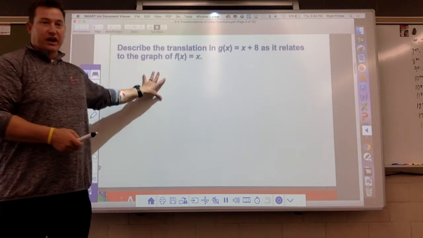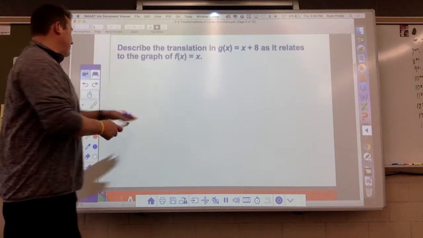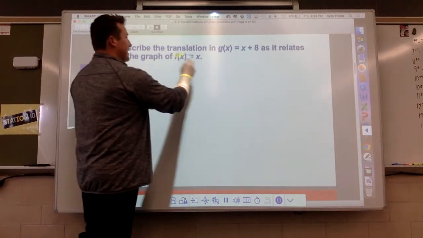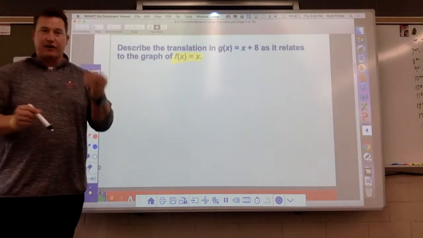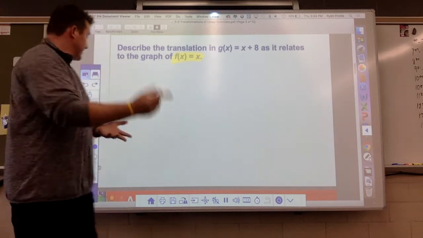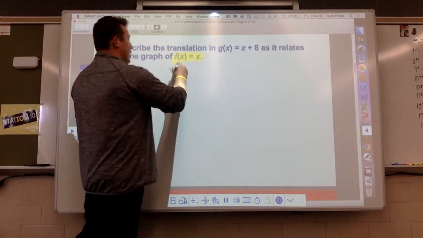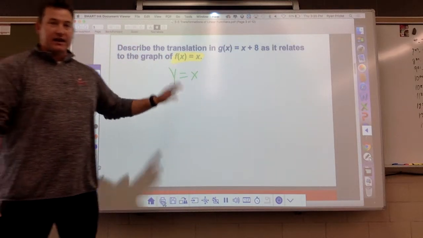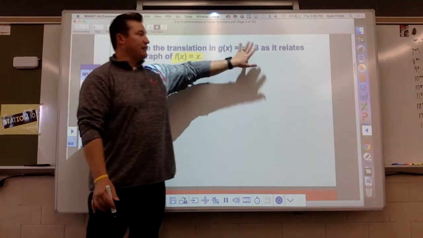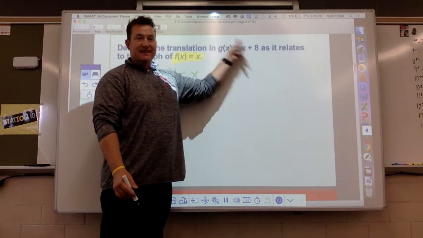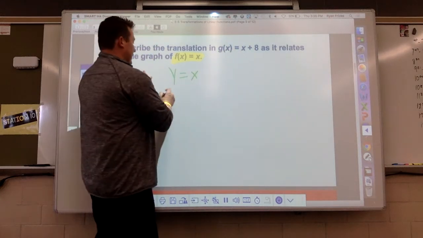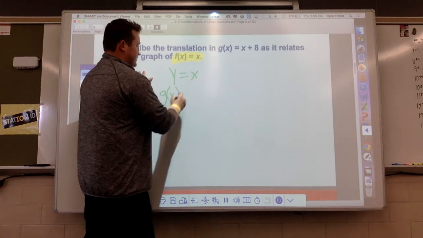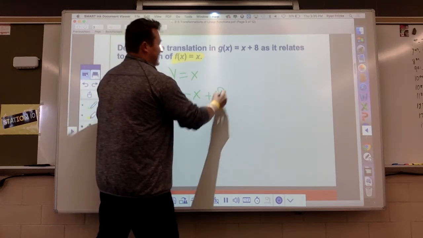All right, folks, here we go. So here's my parent function. This is my parent function for all things linear. f of x equals x. Sometimes you will hear us say, hey, y equals x. Remember, synonyms, it means the same thing. So how is this graph related to this graph? Well, in this case, they say, hey, g of x is x plus 8.